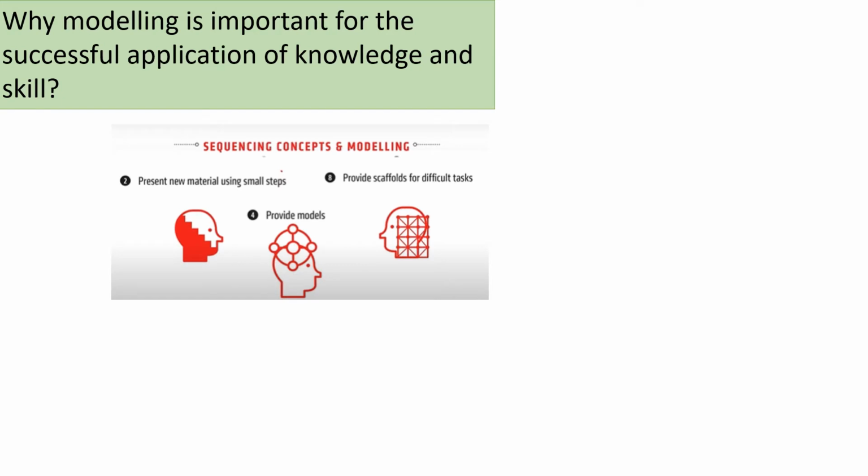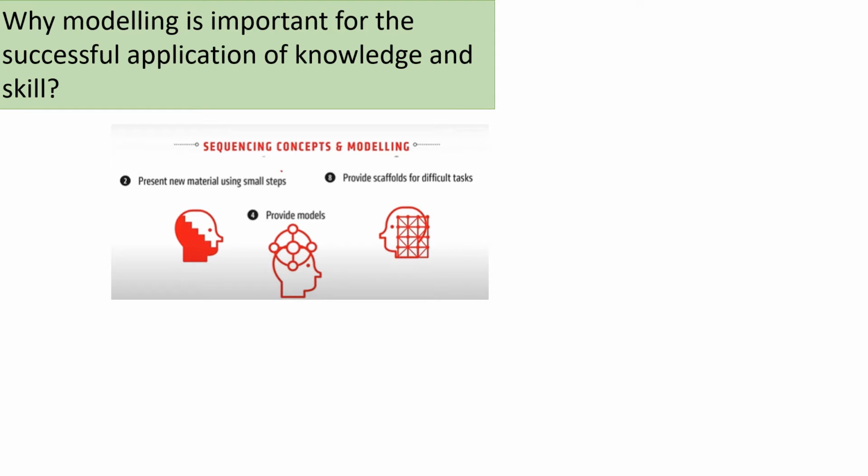So if we think back to September and the pedagogical goodie bag that everybody received, and Rosenshine's principles being part of that, sequencing concepts and modelling is one of the key principles that teachers should apply to get the most successful outcomes.